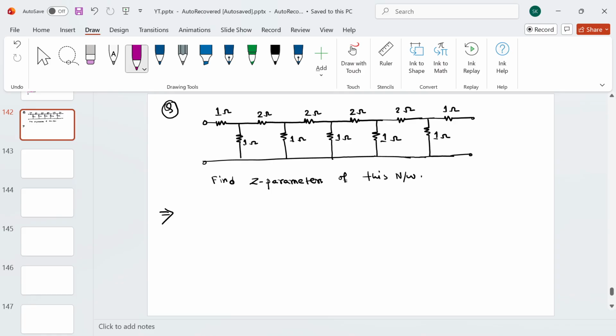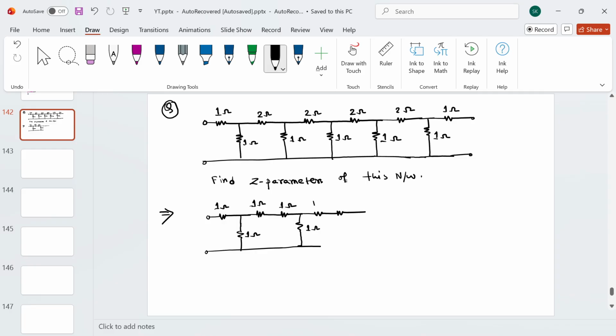If I draw this circuit in another way, I can find some kind of symmetry here. So this is my 1 ohm, this is my 1 ohm, and this 2 ohm I am breaking into 1 ohm and 1 ohm. Again this is 1 ohm, 1 ohm, 1 ohm. Here also I have 1 ohm.